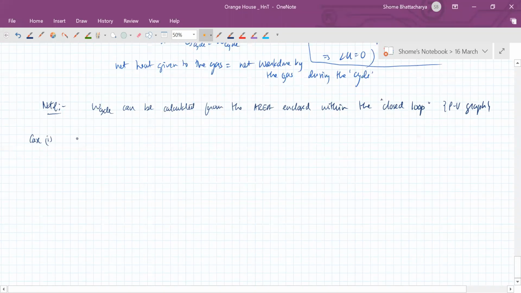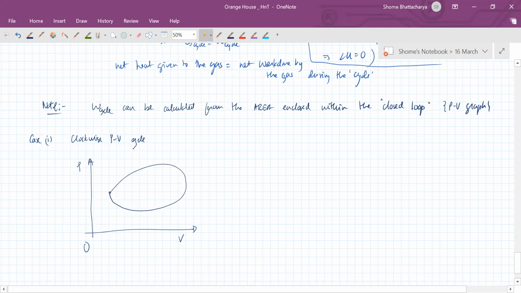So case one is the clockwise PV cycle. If the PV graph looks like a clockwise cycle, then how do we calculate the net work done? For example, if this is our PV graph, as you can see, the cycle is looking clockwise.